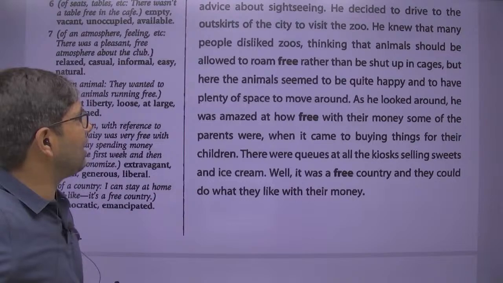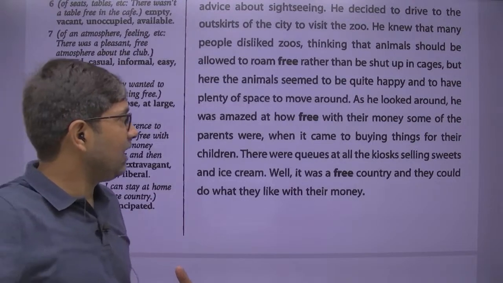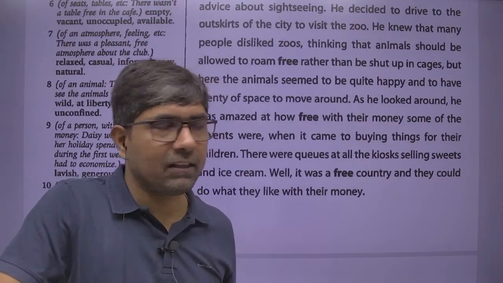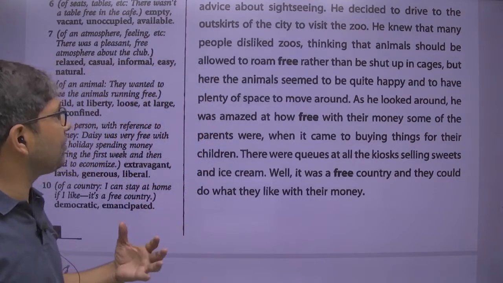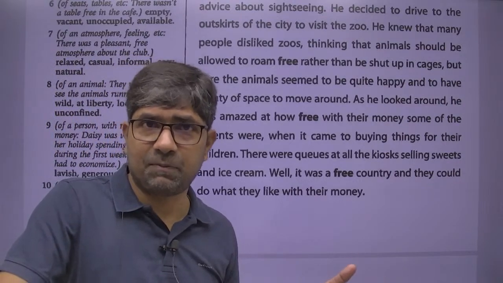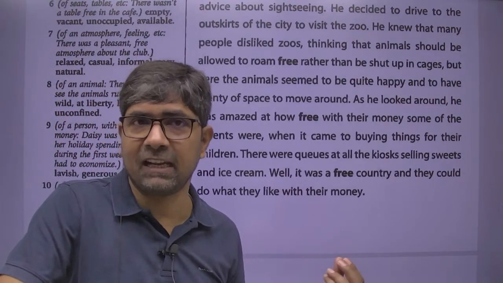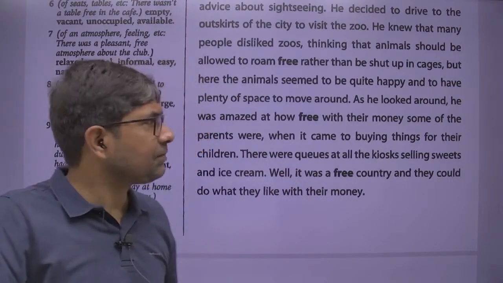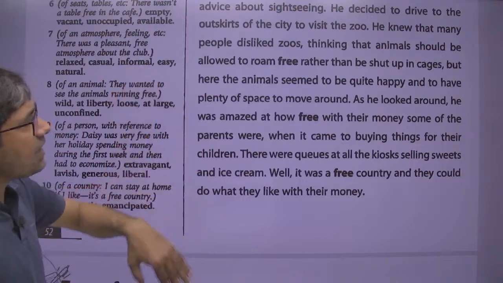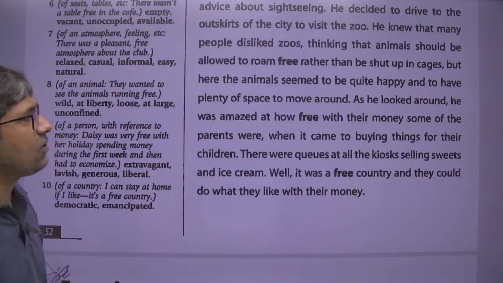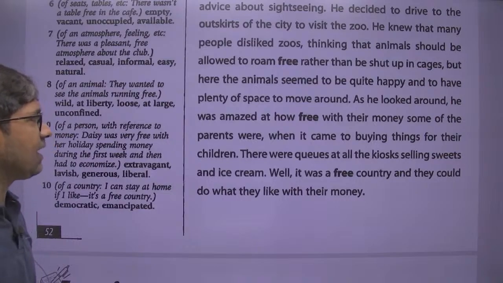But here the animals seem to be quite happy and to have plenty of space to move around. As he looked around, he was amazed at how free with their money some of the parents were, means they were extravagant. They were spending it without any concern. So when it came to buying things for their children, there were queues at all the kiosks selling sweets and ice cream.